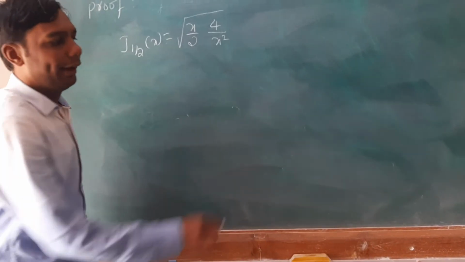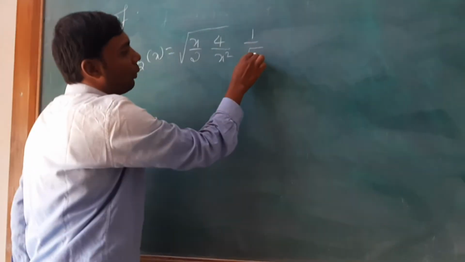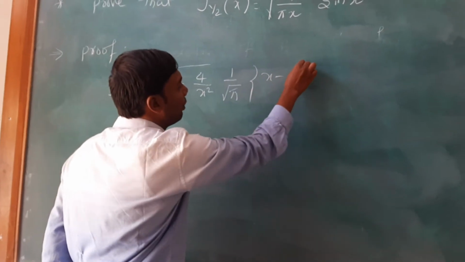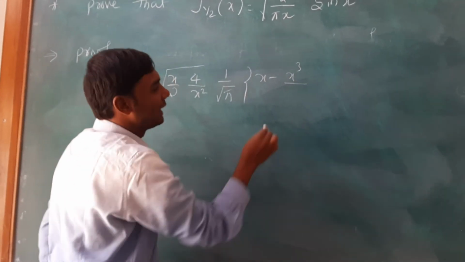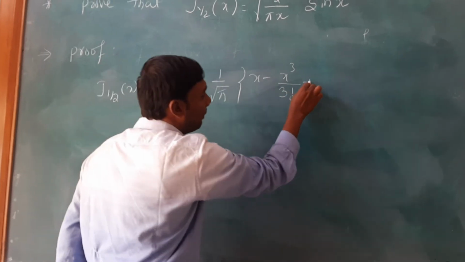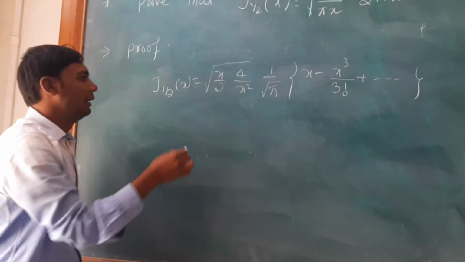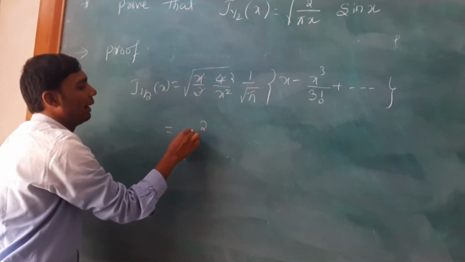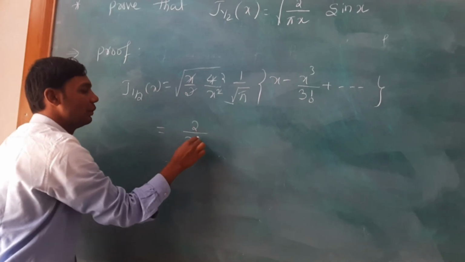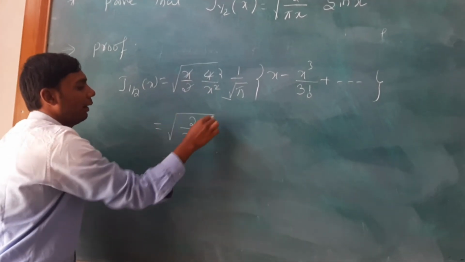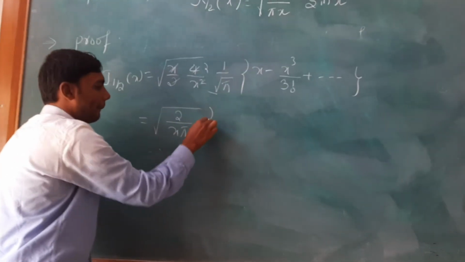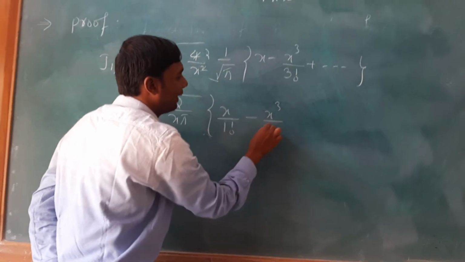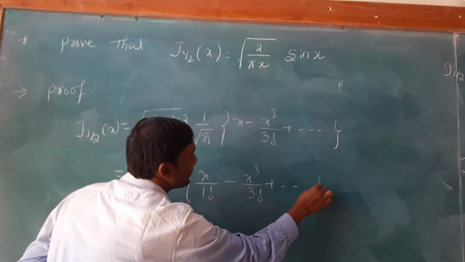So J of 1 by 2 of x is equal to square root of 4 by x square into 1 by root pi into x minus x cube by 6, which can be written as 3 factorial, plus so on. Then simplify: 1 x cancels, 2 ones are 2, so remaining is 2 divided by x, take root pi also inside, so 2 divided by x pi into x minus x cube divided by 3 factorial, plus so on.